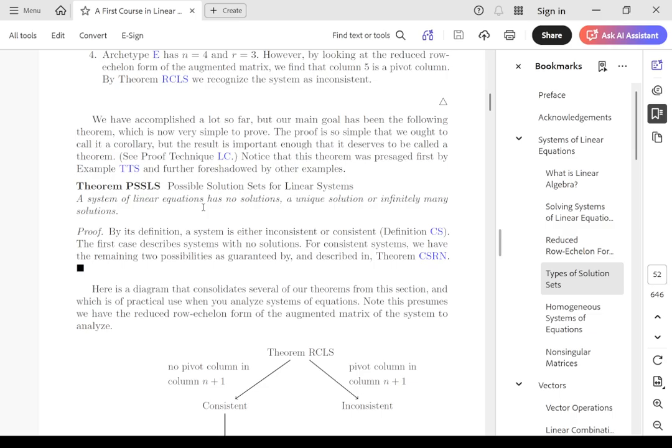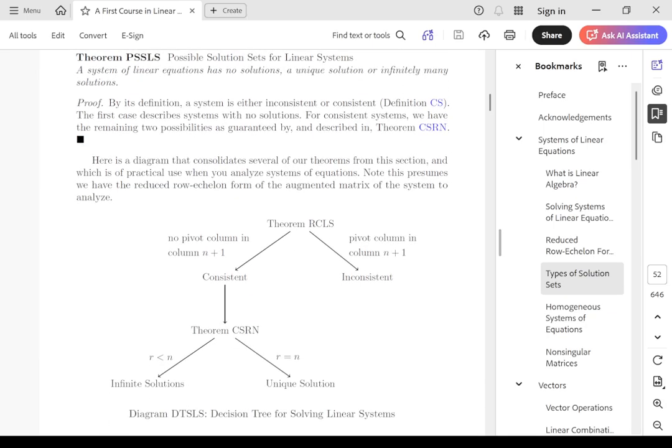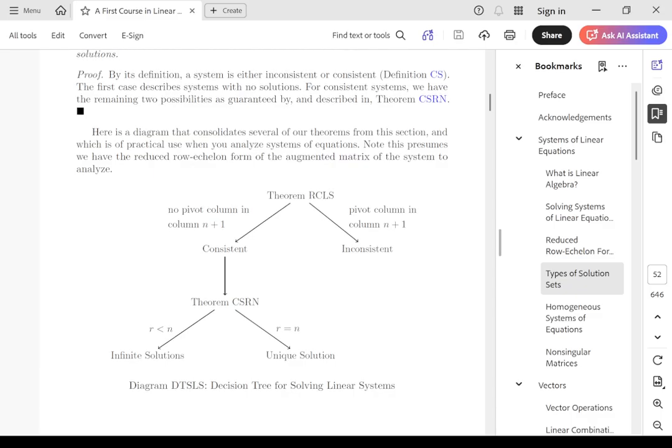A system of linear equations has no solution, a unique solution, or infinitely many solutions, right? And here again, this comes from the previous couple of theorems. The first one was where we talked about pivot columns. If the last column is a pivot column, it's inconsistent, so no solution. So that's that part. And then the last two focused on consistent systems.